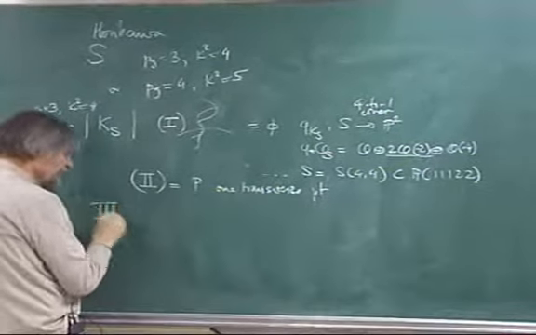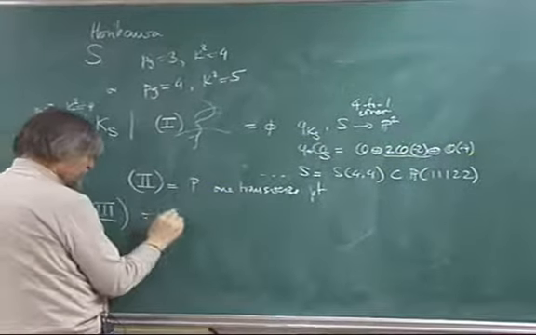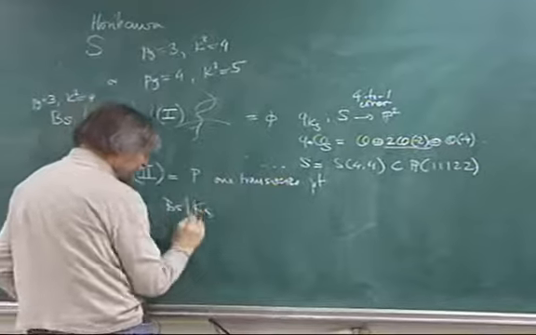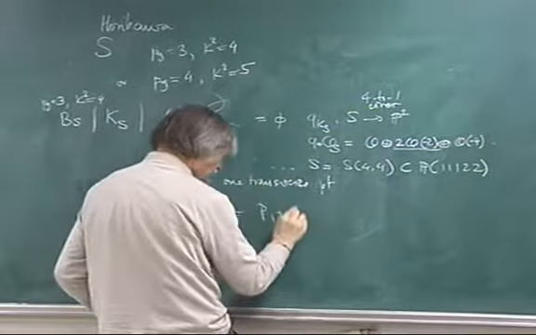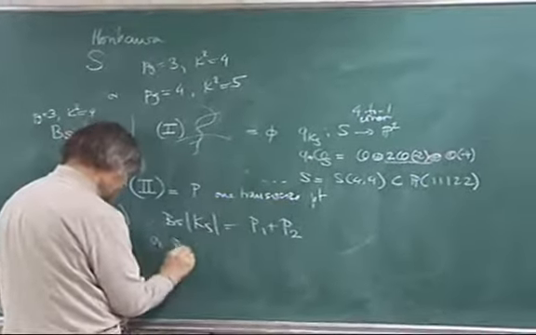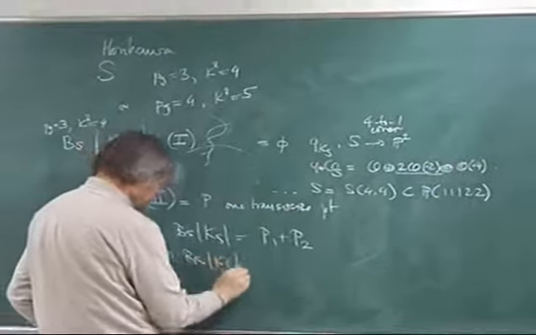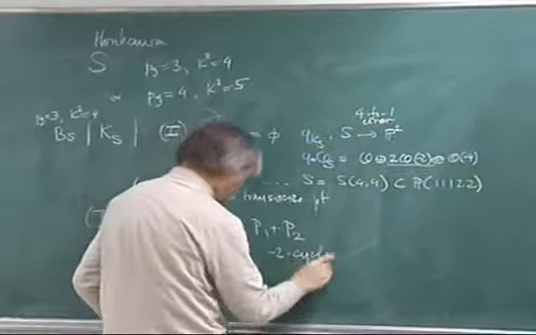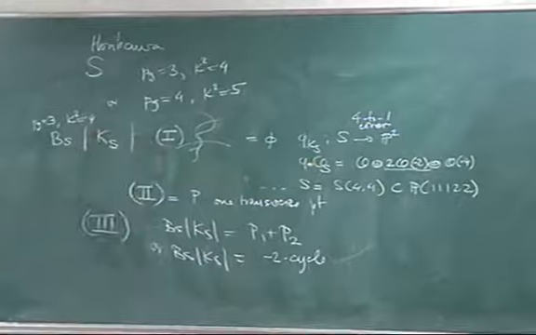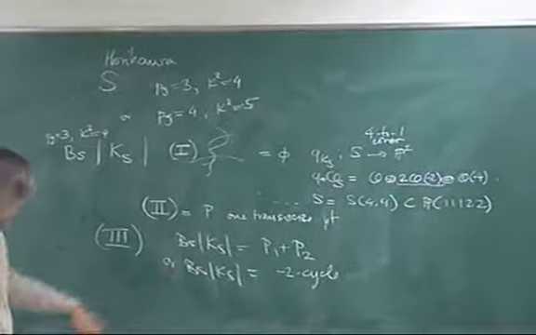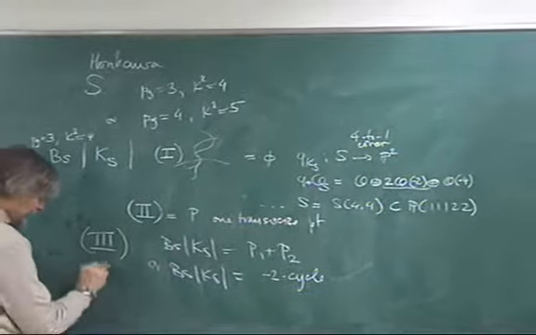Case 3: the base locus is P1 plus P2, or the base locus is a minus 2 cycle. So it could be a single irreducible curve with self-intersection minus 2. So both of these have the same. This is called 3 sub A.